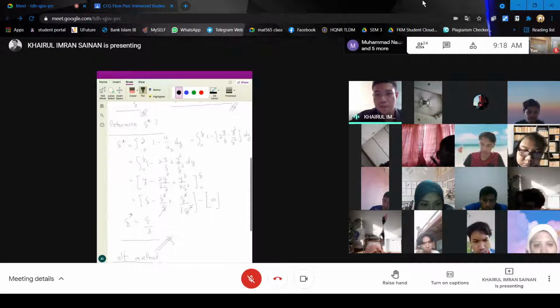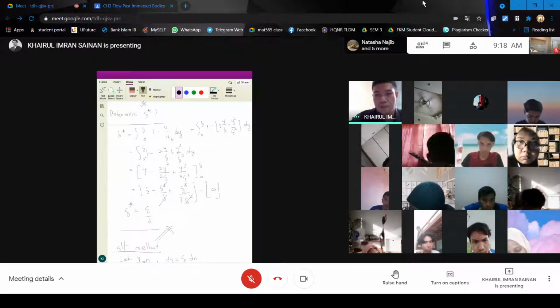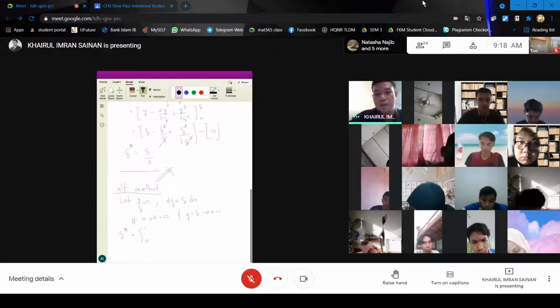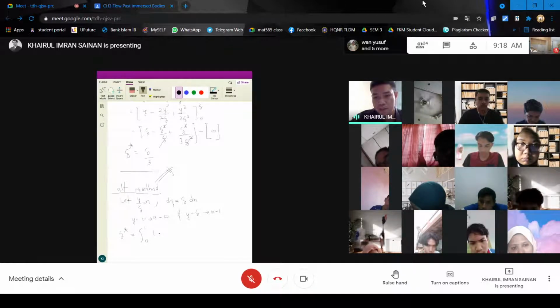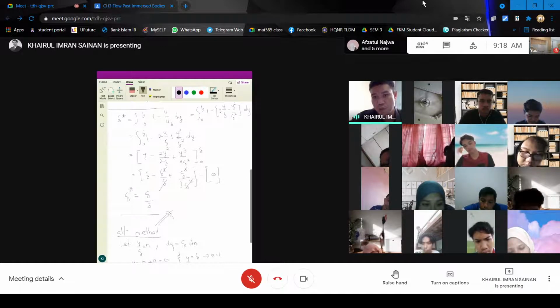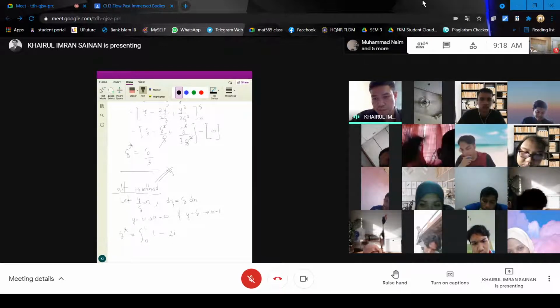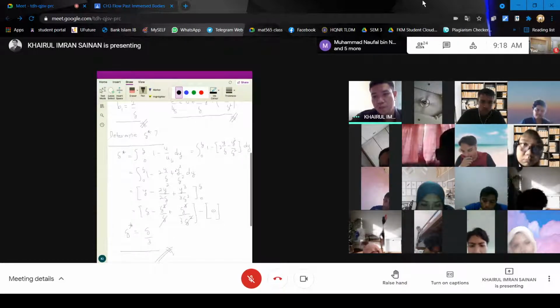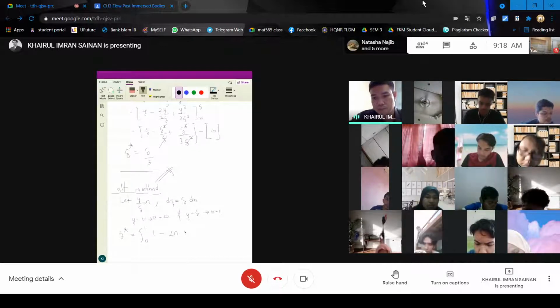Okay, 0 to delta, we can replace it with 0 to 1 because we already let y equals 0 become n equals 0, y equals delta become n equals 1. So 1 minus 2y over delta, meaning 2n, and then y squared over delta squared becomes n squared.